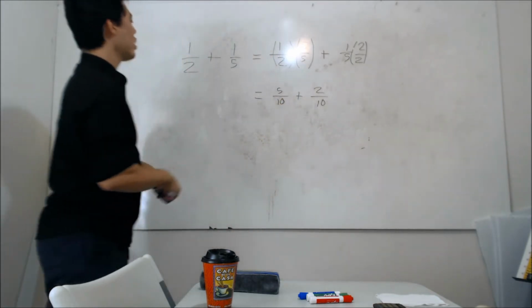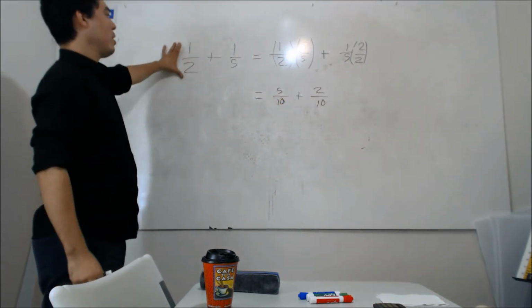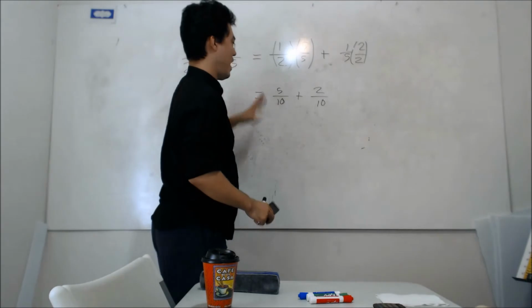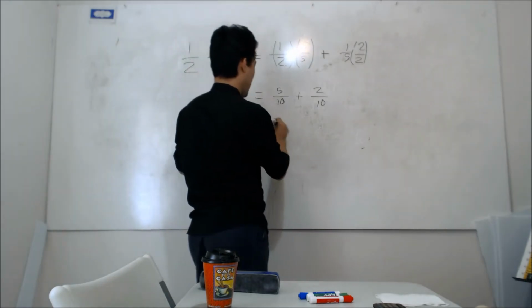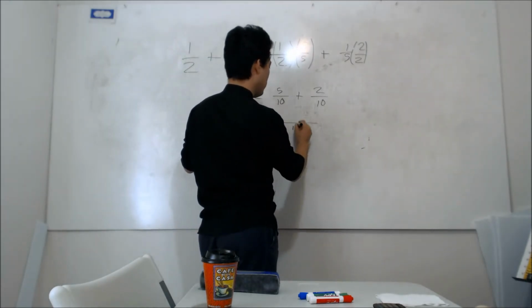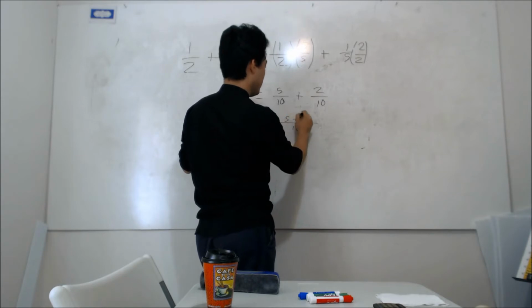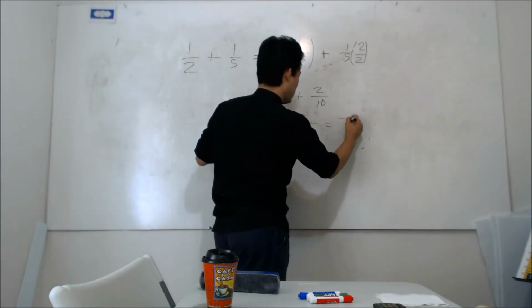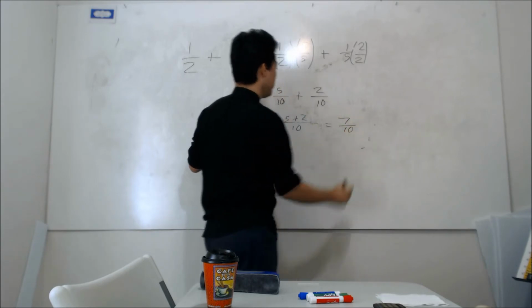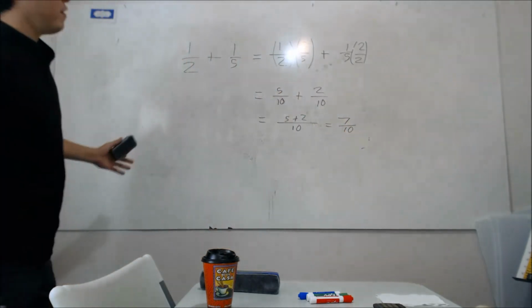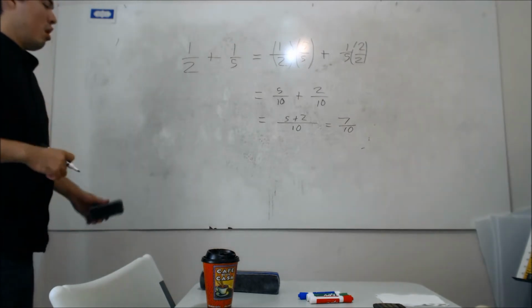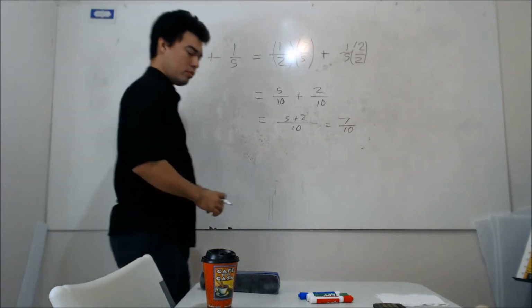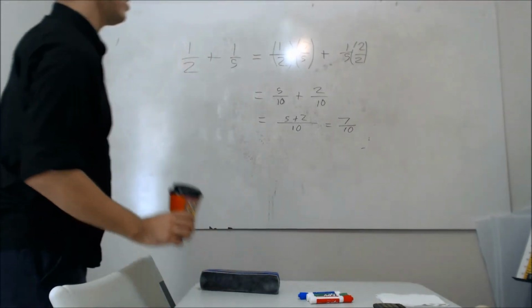These two fractions are equal to these fractions, but have the same denominator. And now I can add them. I place them over the same common denominator, and I add the numerators. And now finally, we know that these two fractions add to 7 over 10. So 1/2 plus 1/5 is 7 over 10.